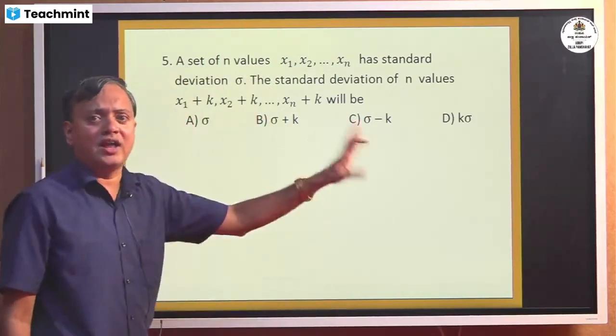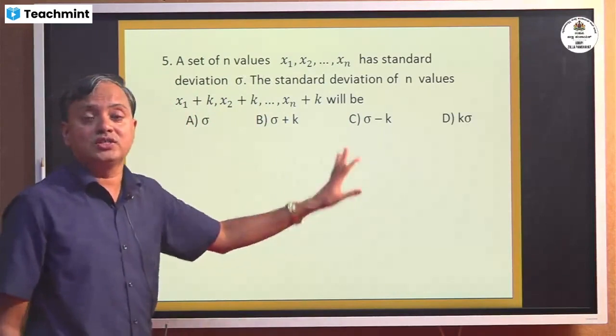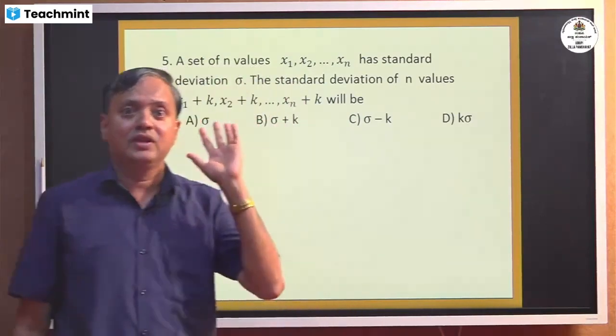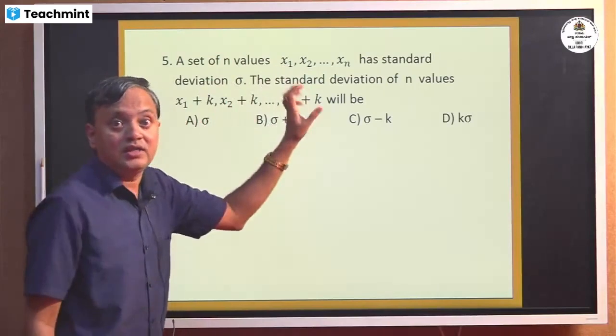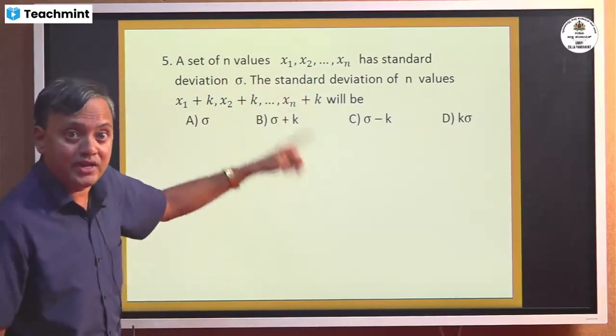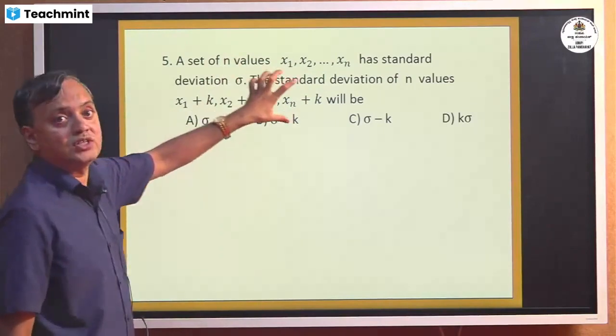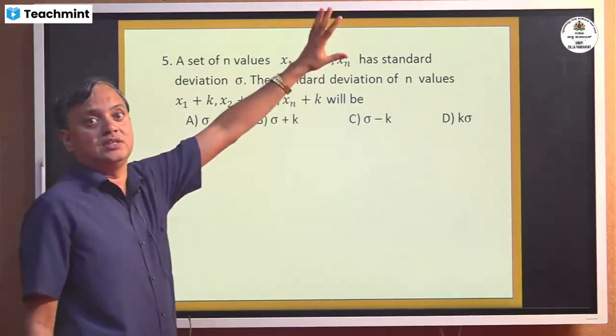Variance or standard deviation does not change. But if you multiply or divide the data by a constant, then the standard deviation is also multiplied by that constant, correct?